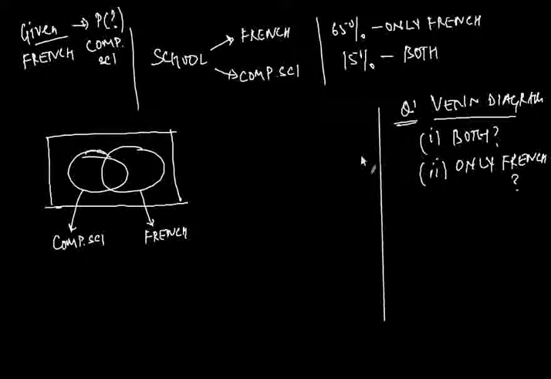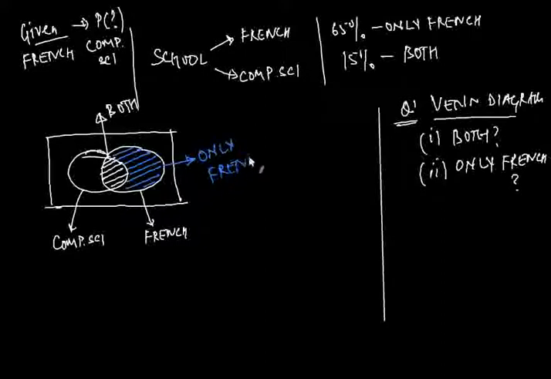Right, so let's see the Venn diagram. The students who study both are at the intersection of these two sets. This white area over here would be the students who study both. And this blue area, I'm just going to start shading this one over here, these are all the students who study only French, nothing else.